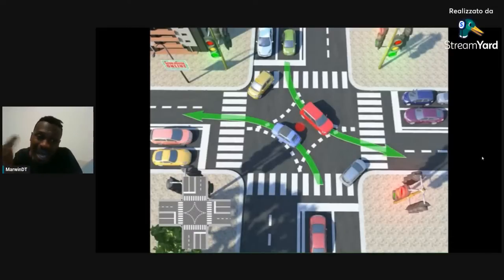the right side is at the center of the intersection. The right side of the blue car is at the center of the intersection. This is how the blue car must turn to the left side. This is the right way.